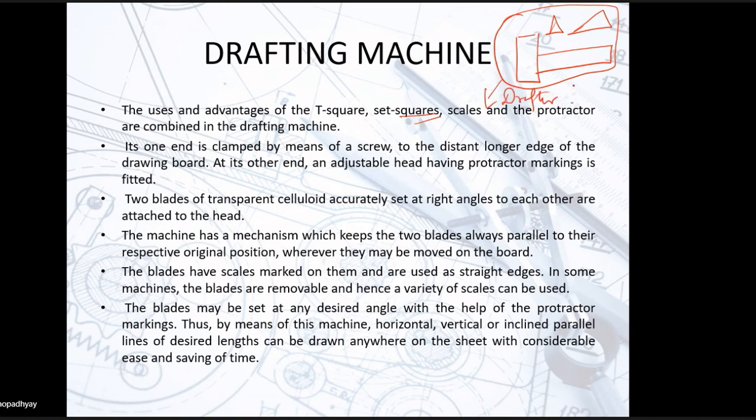So you can draw straight parallel lines using a drafter. You can draw any angles using the drafter. You can draw parallel lines at angles using a drafter, etc. Right? So the combination of set square and T-square, you can get in a drafter. Most of the students at BIT generally use a drafter.